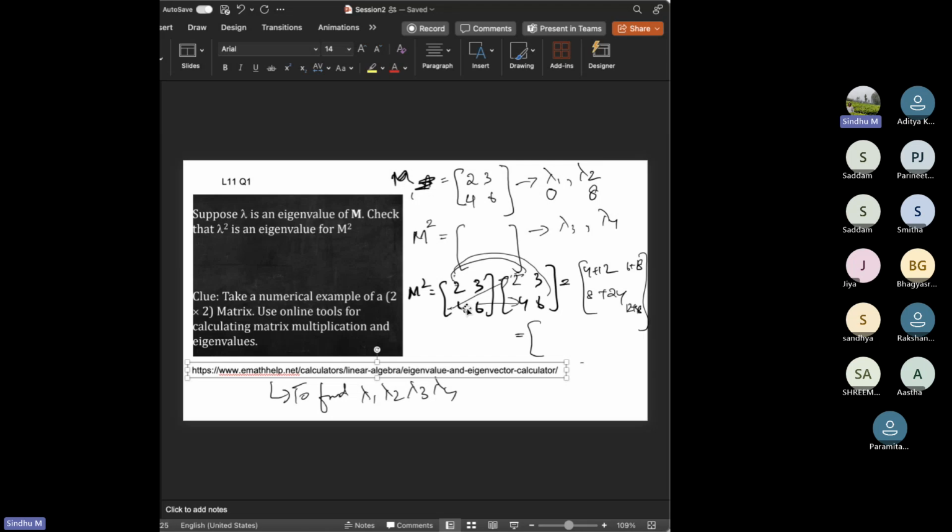Thirty-two and 48. So now this is M square, and for M we have found the eigenvalues. Now we have to find the eigenvalues for M square.